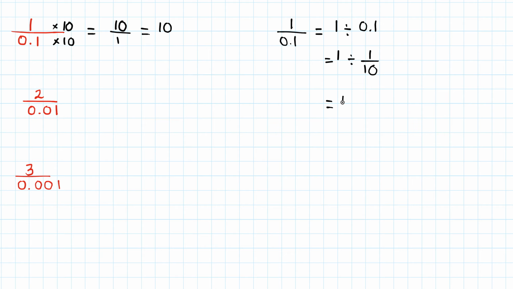That means that it is 1 times 10 over 1, and the answer to this one is 10. So you see, we get to the same answer in whatever way you want.